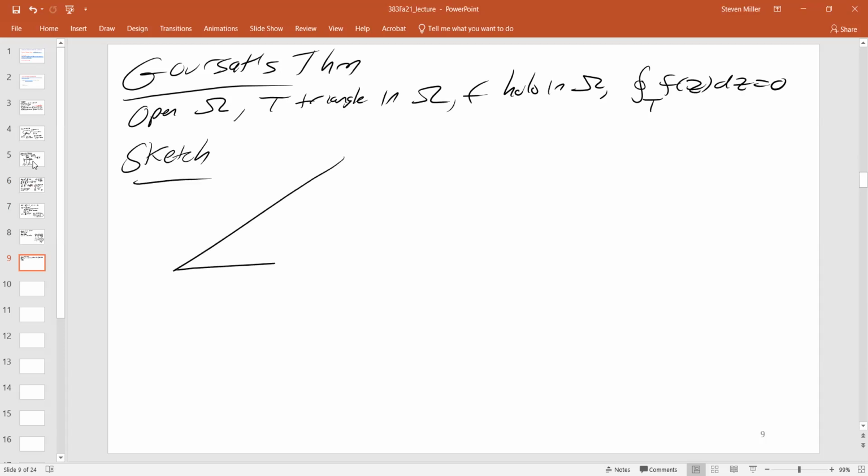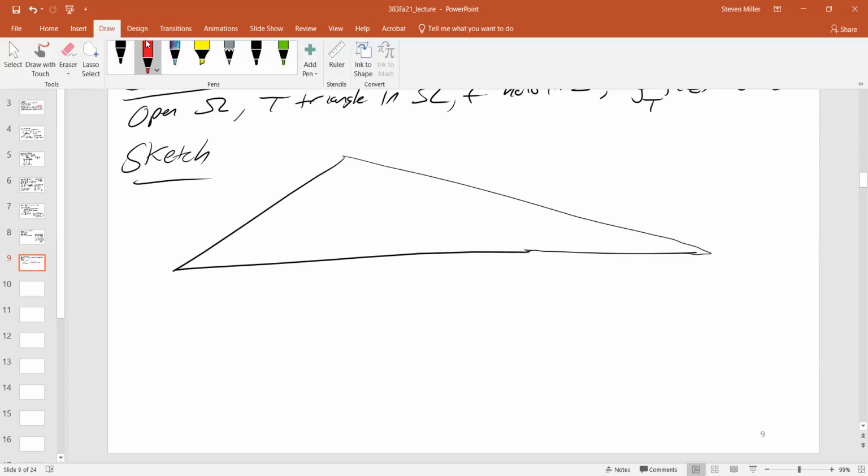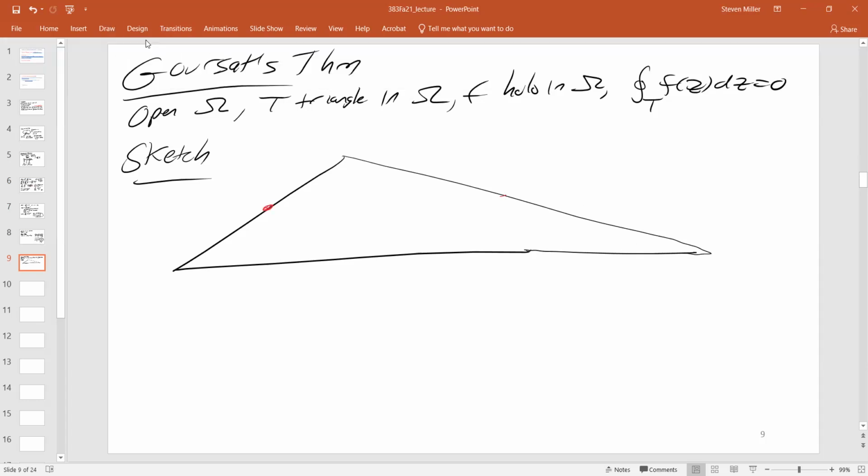The idea is I start off with a triangle. Now I'm going to divide each side in half, and hopefully this picture looks pretty good.